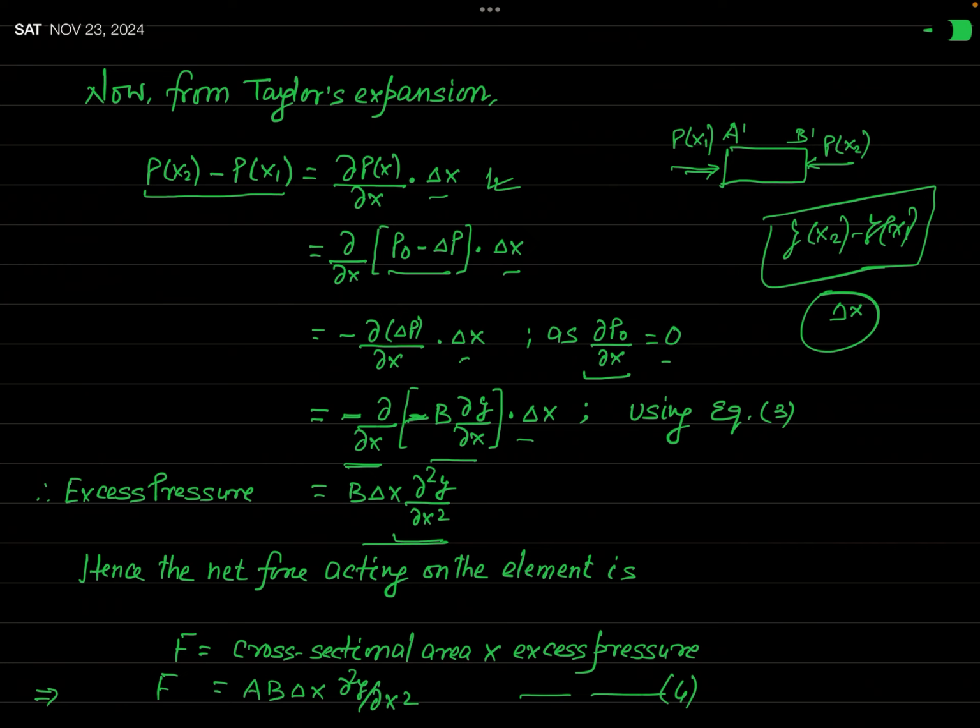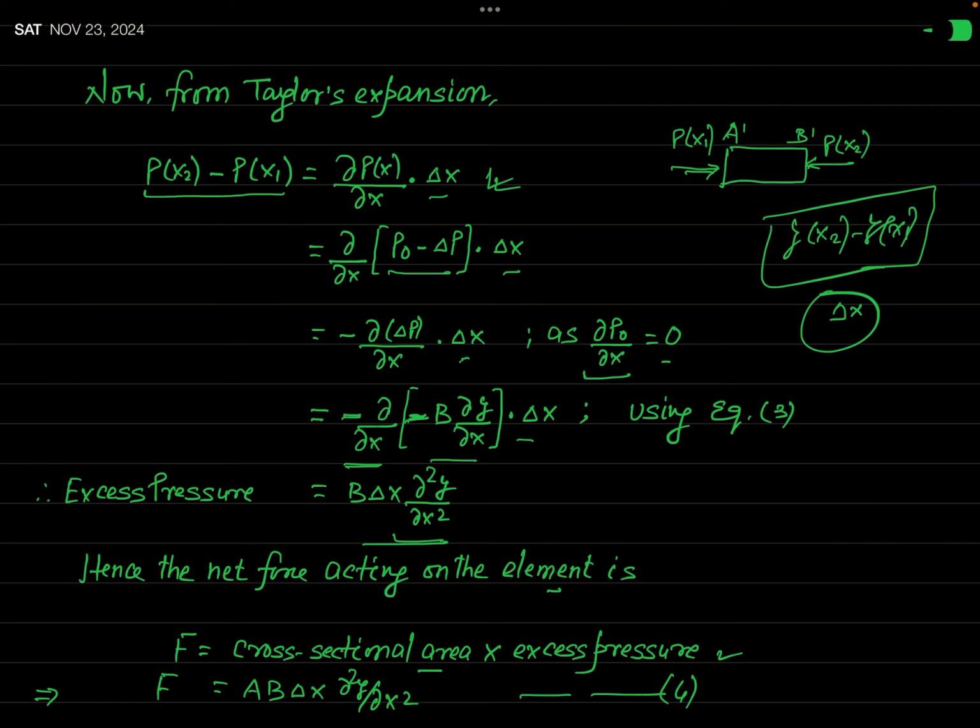And if we multiply this excess pressure by the area of cross section, you will get the net force acting on this element. So the net force acting on this element, if you assume it as F, will be simply equal to the cross-sectional area of the element times the excess pressure. This is just the definition of pressure.